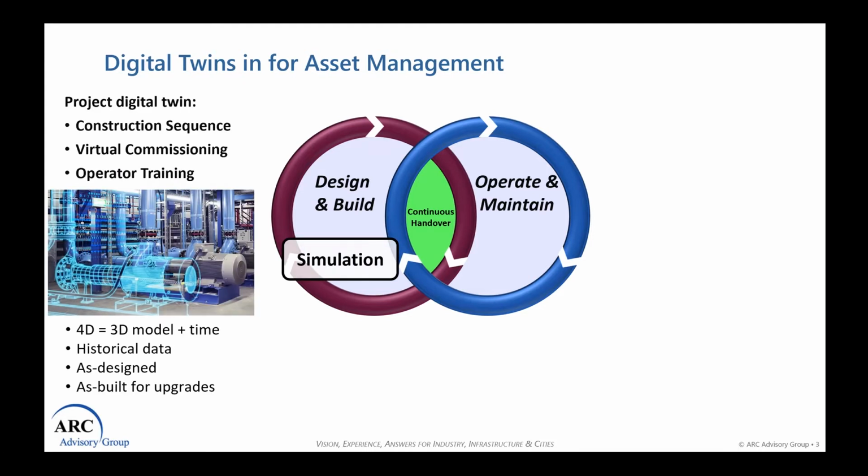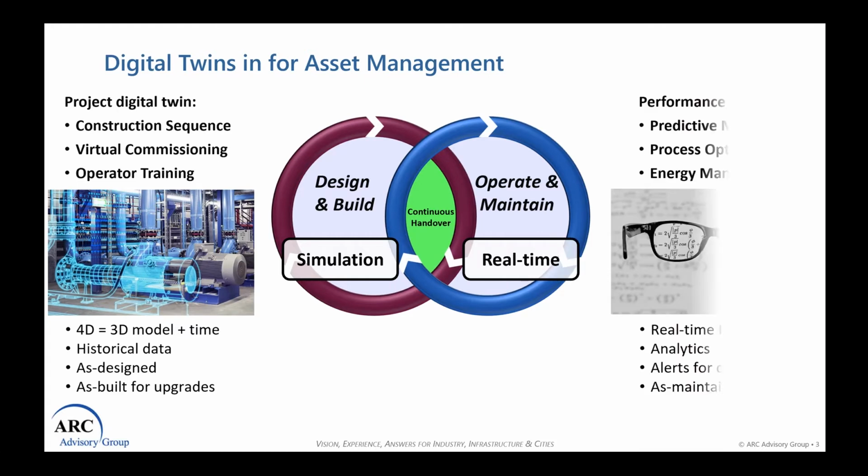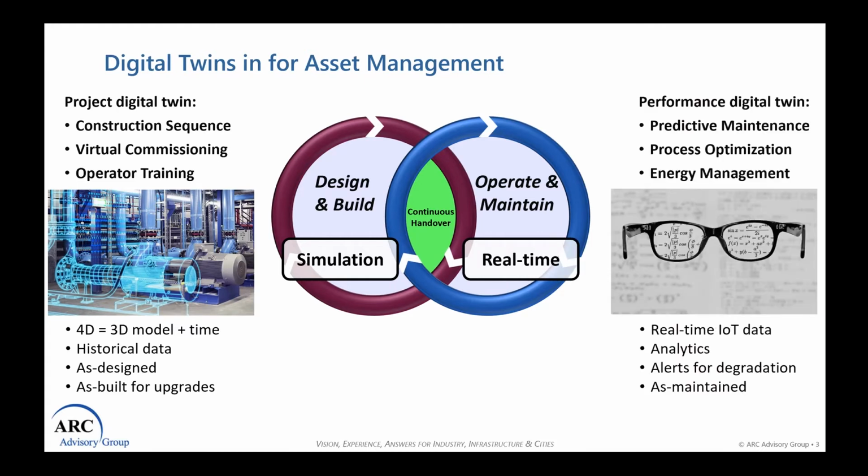In the case of design and build, we see digital twins that are typically a 4D model, meaning 3D plus time, and they are used to help out with the construction sequence, virtual commissioning, and operator training. And it involves the as designed and as built for upgrades. And in the operate and maintain side of the world, we see that more real time.